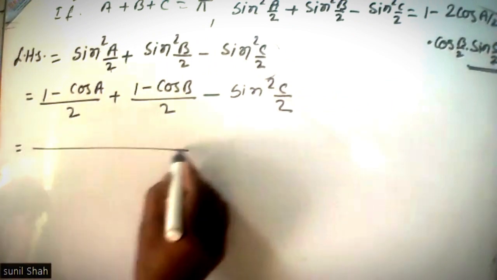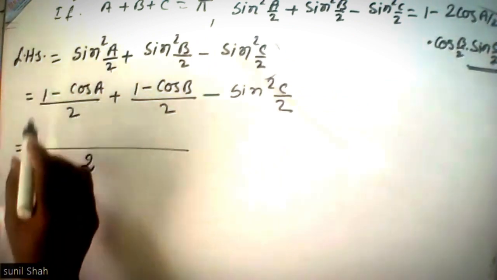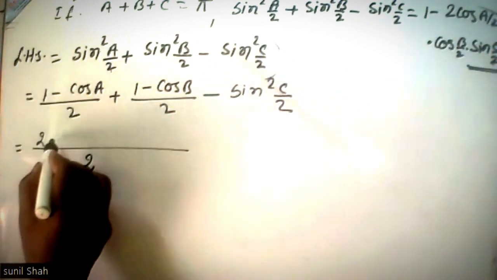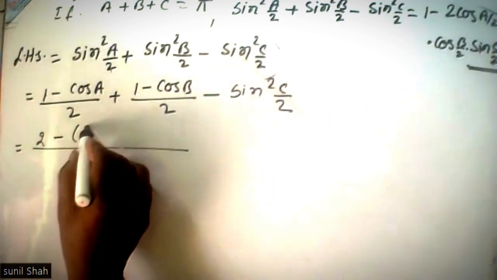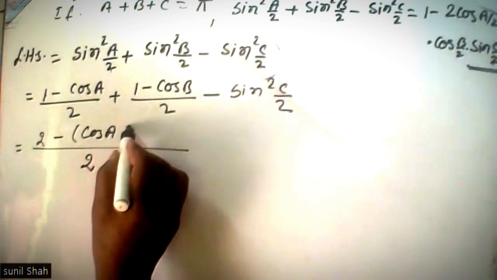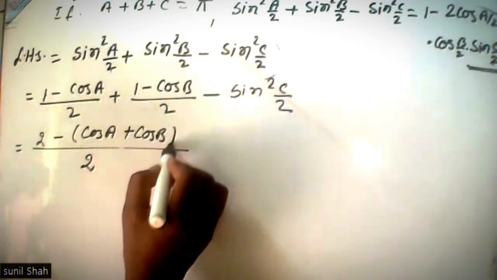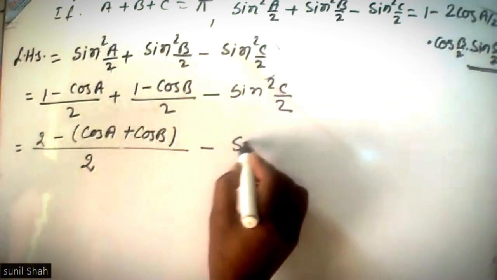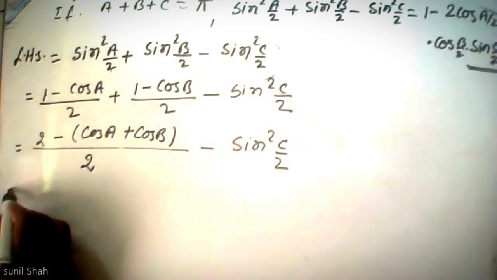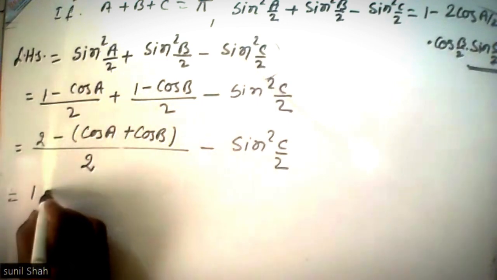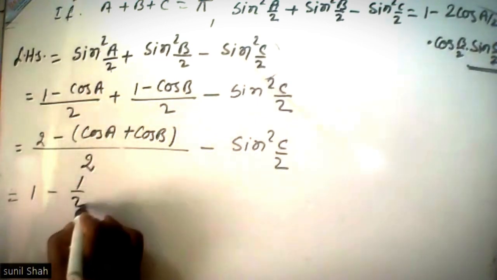Taking LCM of the first two terms, that is 2, 1 plus 1, 2, minus is common, so this becomes cos A plus cos B and minus sine square C by 2. 2 divided by 2 is 1 minus this 1 by 2.